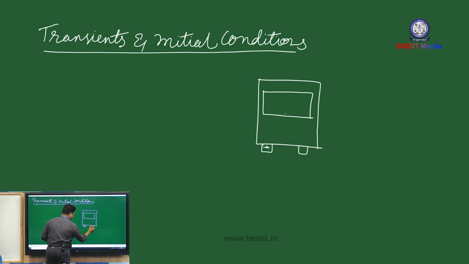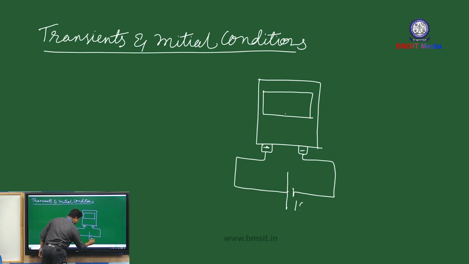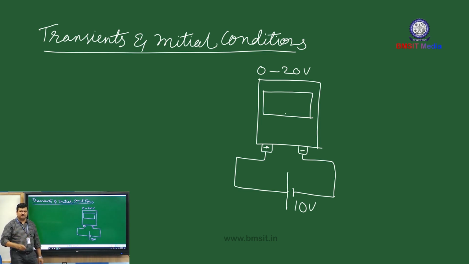So this is the positive terminal and the negative terminal of the voltmeter, and I connect this to a circuit or to a source which is at, say, 10 volts, and the range of this voltmeter is, for example, 0 to 20 volts. Now, purposely I have taken a voltmeter of higher range.